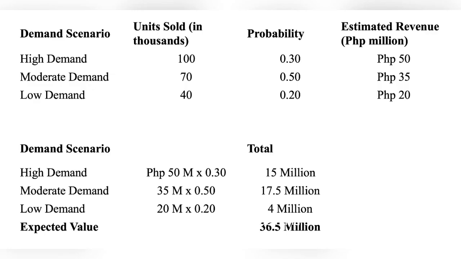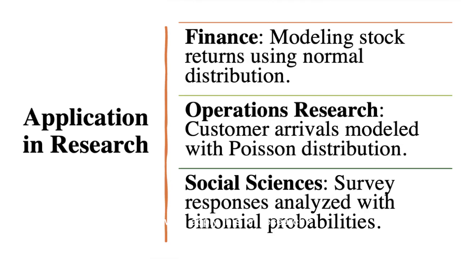By weighting each demand scenario by its probability, the company arrives at an expected revenue of 36.5 million. This provides a more realistic forecast than relying on a single demand estimate, since it accounts for both upside and downside possibilities.